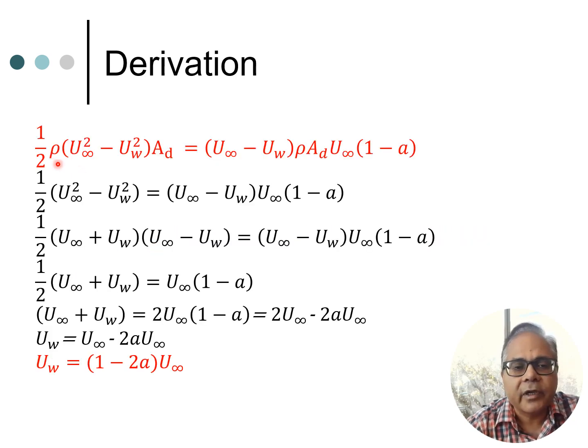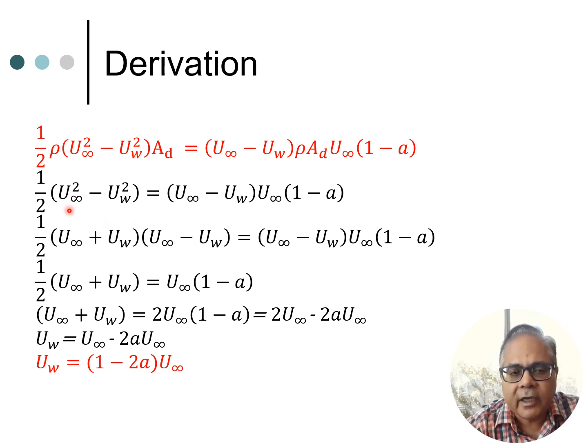So here I have taken this equation here, and now you can use some of your high school algebra. If you remember, we can first of course cut off this rho here. The rho is same on both sides, so that goes off. The AD is same, so that goes off, and so I get this equation here.